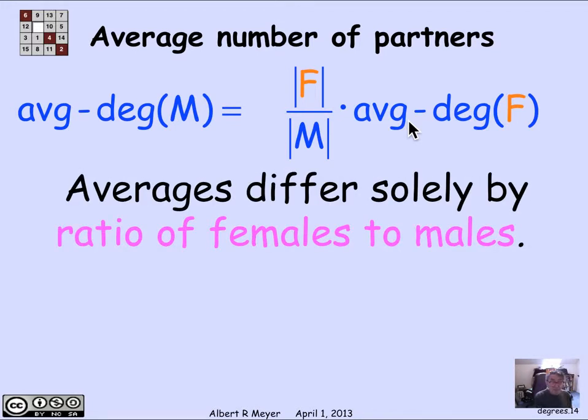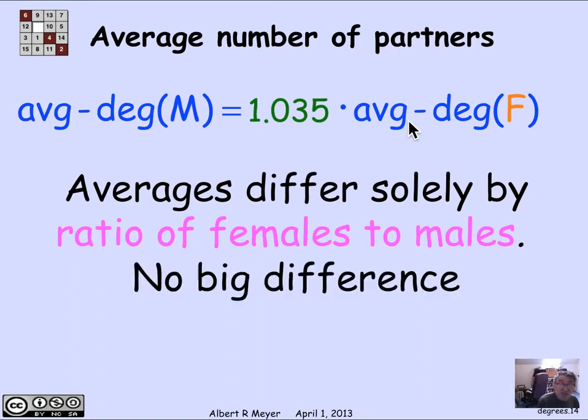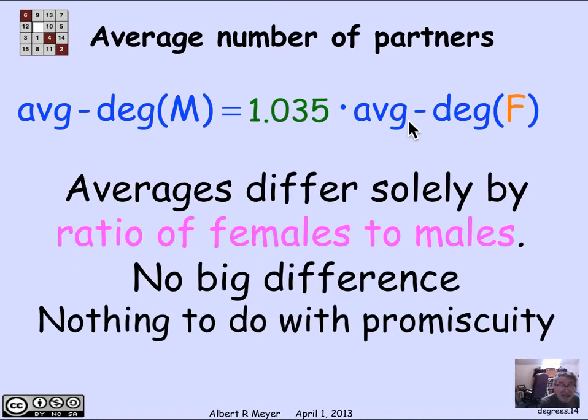Now, what that tells us is that these wild figures of twice as many and 30% more and so on are completely absurd, because we know a lot about the ratio of females to males in the population. As a matter of fact, in the U.S. overall, there are slightly more women than men. There's 1.035 women for each man in the U.S. population.